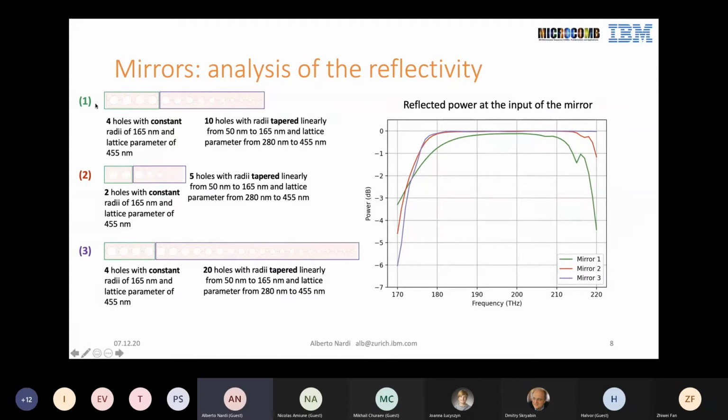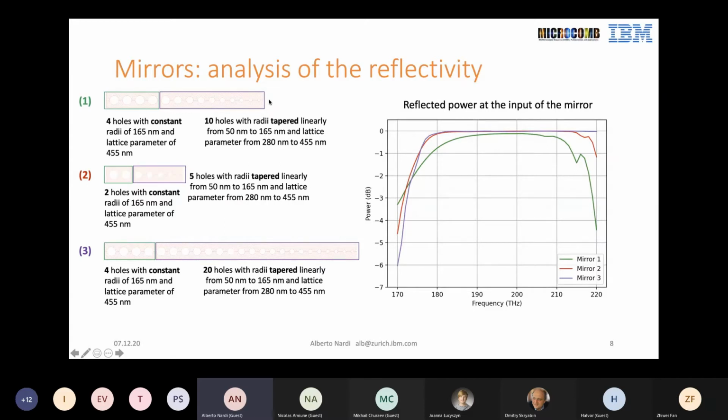You can see the number one has a tapered part that has 10 holes, then the second one is very small, it has 2 constant holes and 5 tapered holes, and the last one has still 4 constant holes like the first one, but a much longer tapered part. And as you can see on the right, the short mirror has worse reflectivity compared to the other ones.